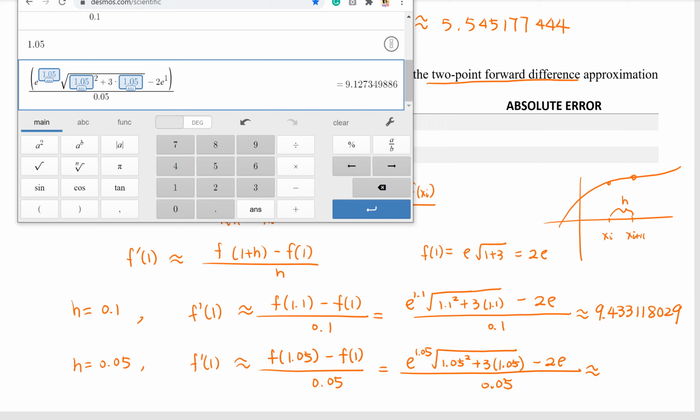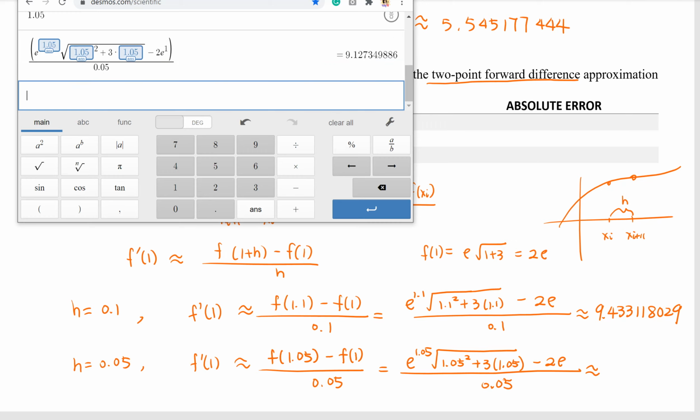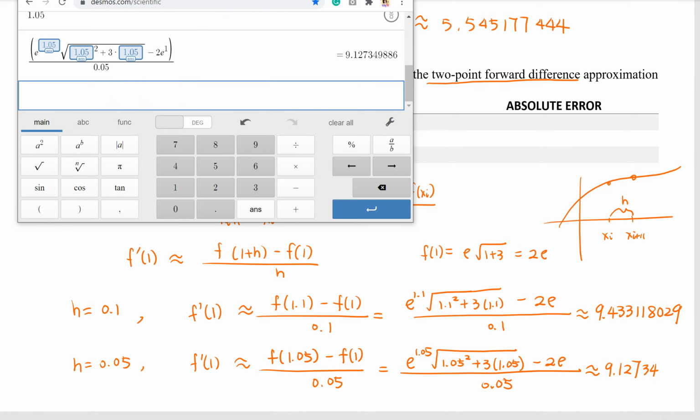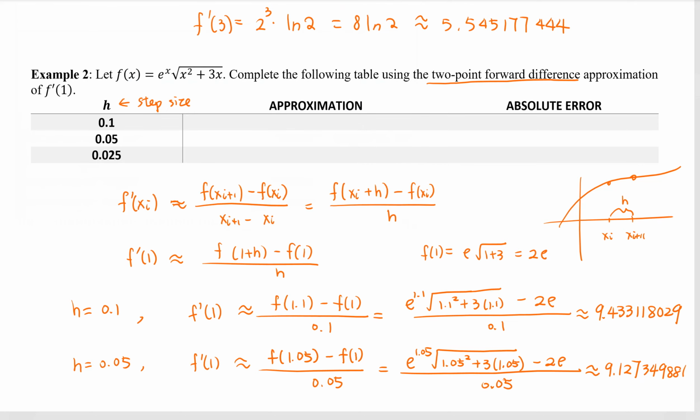Okay, so here our answer is 9.127349886. 9.12734 and then 9886.